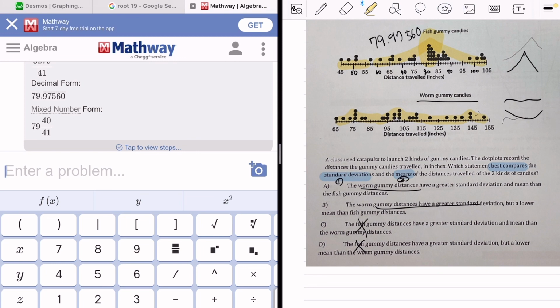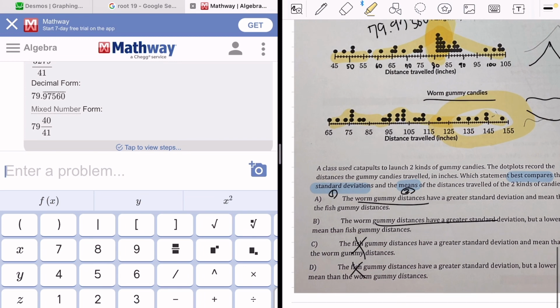Yes, it has a lot of 80-something on the graph, but the warm gummy candy graph also has a lot of very high values, like 145, like 155. So if you want to get as many math questions right as you can, I think you have to just calculate it in a safe way.